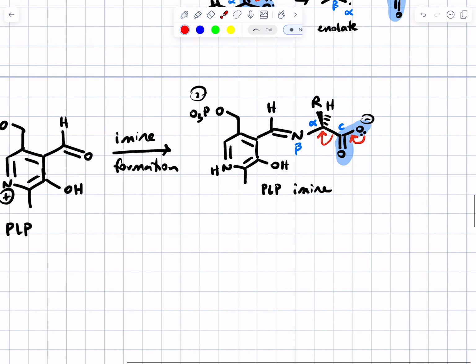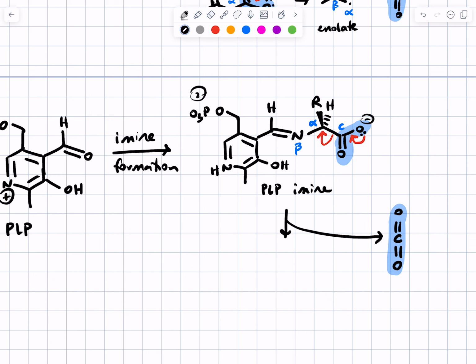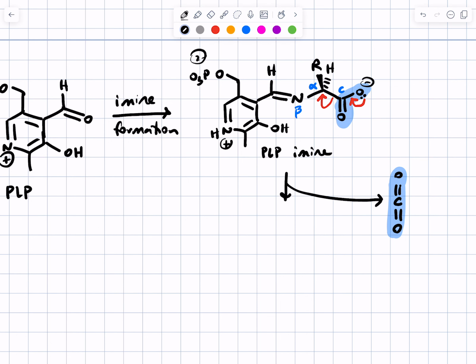So I'm going to draw that intermediate, and I'm going to show you how that resonance stabilized intermediate is much more delocalized, even more stable than the enolate intermediate I showed you above. So here's the CO2 that goes away as a byproduct of the reaction. I'm missing a positive formal charge on that nitrogen, sorry.